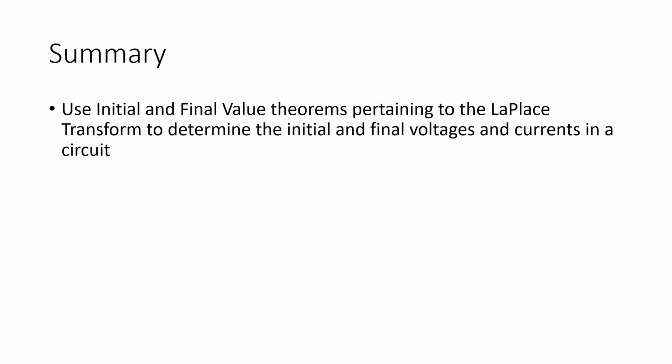So just to summarize, we looked at the initial and final value theorems, and for both of them you had to multiply whatever was your function V(s) by s, and then for the initial value theorem you look at that function as s goes to infinity, and for the final value you look at it as s goes to 0, and then you'll find directly in the time domain what the value of the function is.